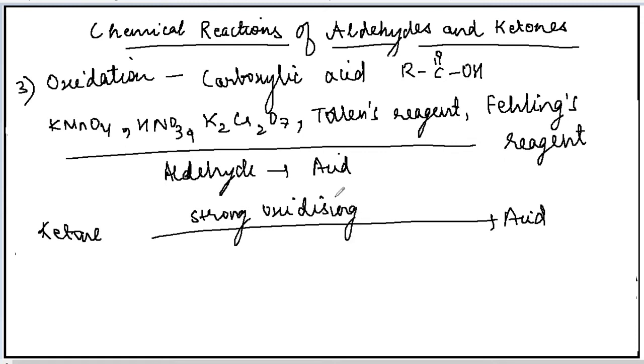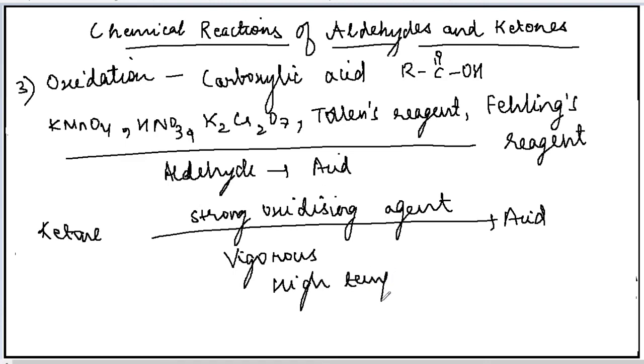Other than this, the conditions needed to oxidize a ketone to an acid are vigorous conditions and high temperature. So oxidation of aldehyde is easier, and that can be brought about by using oxidizing agents like KMnO4, HNO3, K2Cr2O7, Tollens reagent or Fehling reagent. Whereas in order to bring about the oxidation of ketones to acids, strong oxidizing agents, vigorous conditions and high temperature are needed.